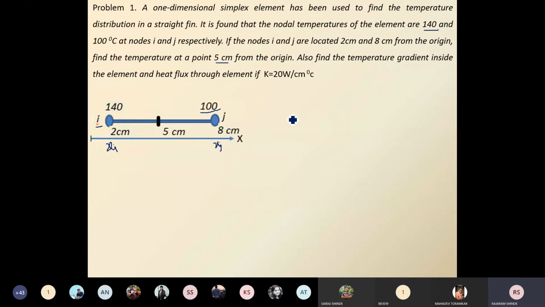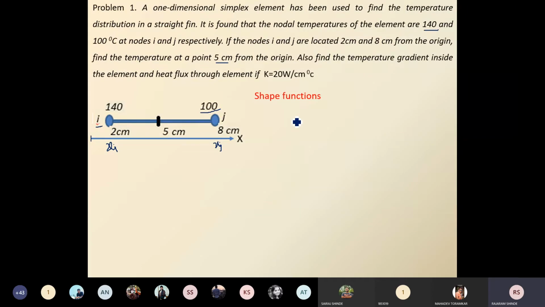For this problem, first you have to calculate the shape functions. You have the shape function equations: Ni equals (xj minus x) upon L, where L is 8 minus 2, and Nj equals (x minus xi) divided by L. Now I will take them one by one.